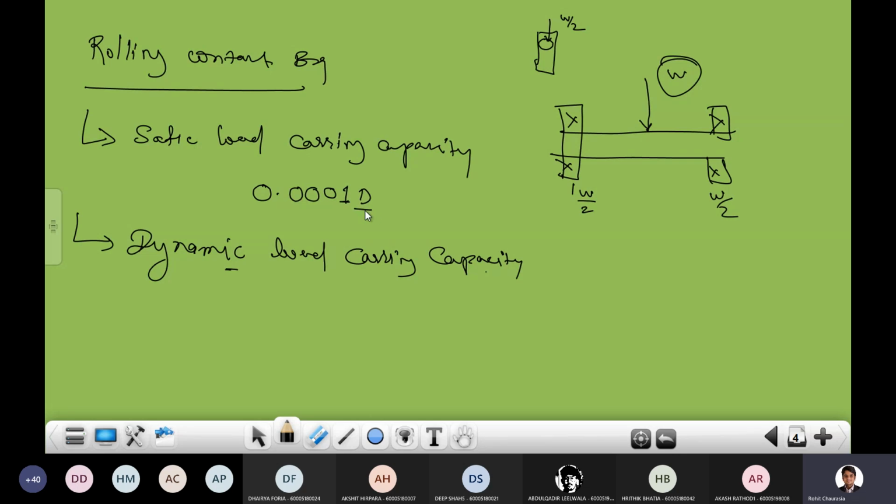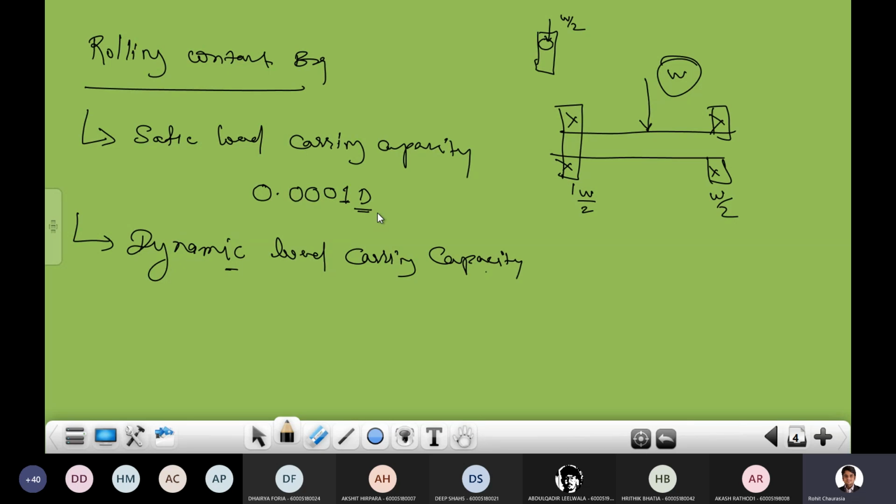So if I'm designing a roller contact bearing, initially we need to check whether the bearing we have selected for the system is able to sustain that particular load. How are we going to find that? Once you select the bearing, you get all the details regarding the bearing from the PSG data book, including the ball diameter.